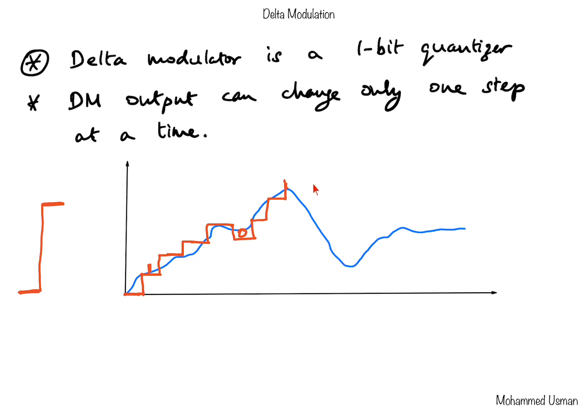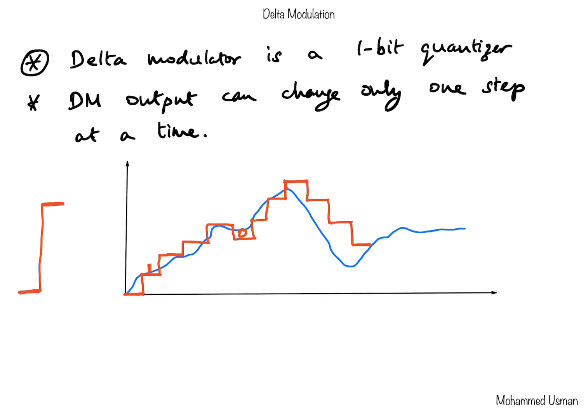Then, because the delta modulator output can jump only one step at a time, it is not able to follow the input signal that is being quantized. The delta modulator itself is getting overloaded by the slope of the signal. So we call this slope overload noise in delta modulation.